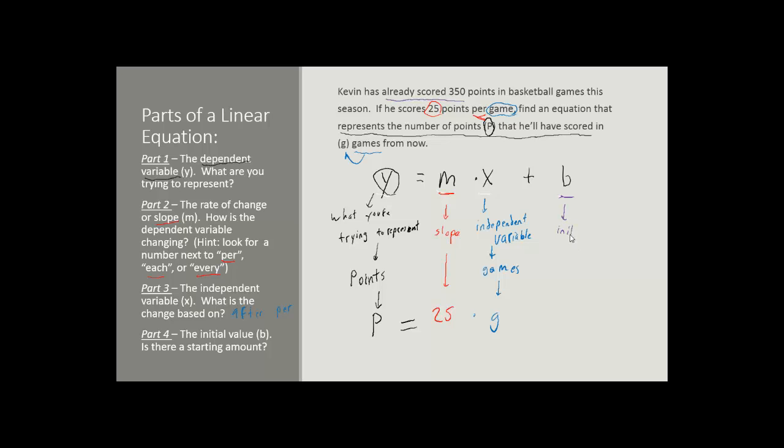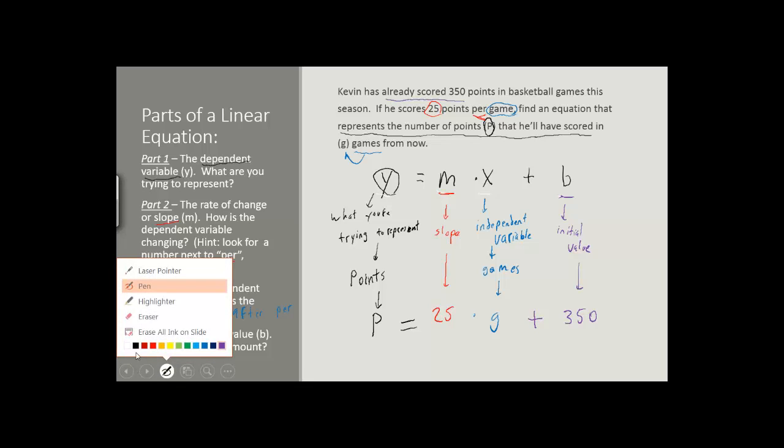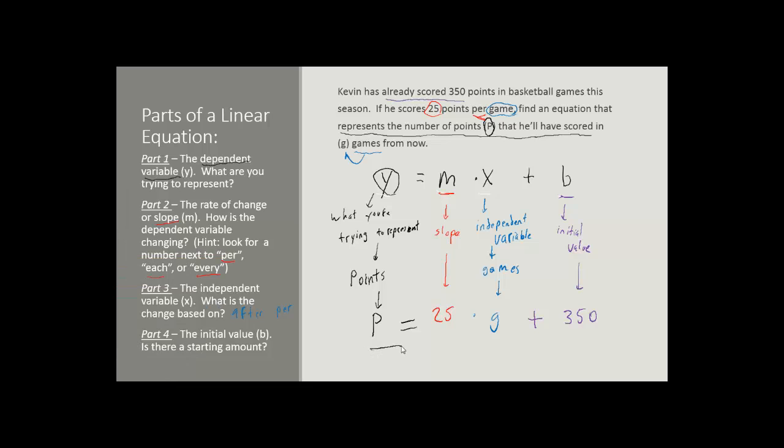So our initial number of points, our initial value, is 350. And so our linear equation is this. P equals 25 times G plus 350. All four of the pieces of the puzzle have been placed into the equation. And there you have it.